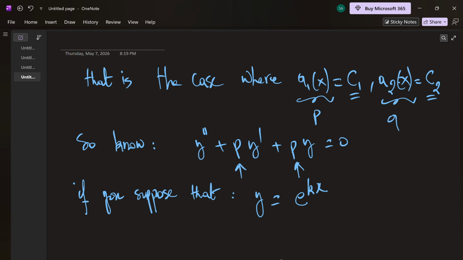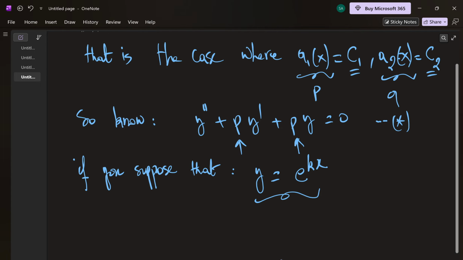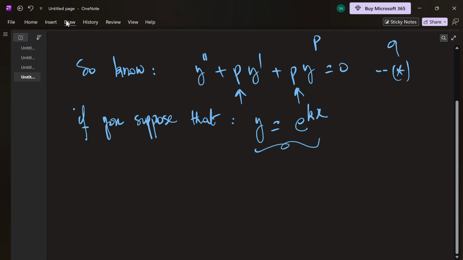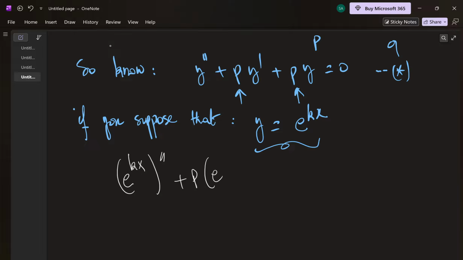Now we will substitute this solution into this differential equation, name it star, and see what we get. So if you do this, you will find something like this. So exponential kx double prime plus p exponential kx prime plus q exponential kx is equal to 0.